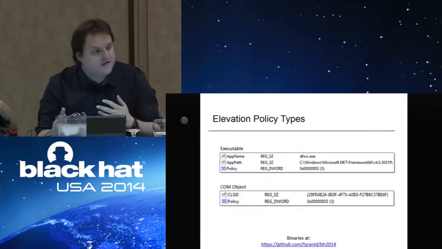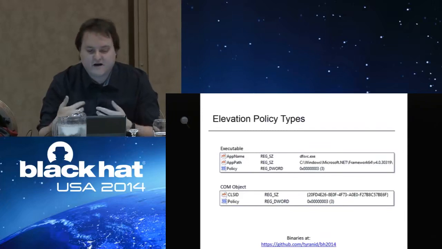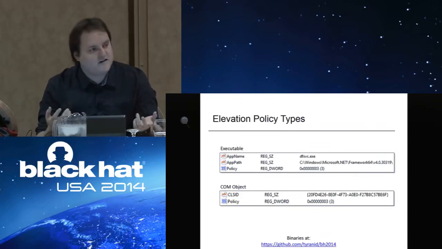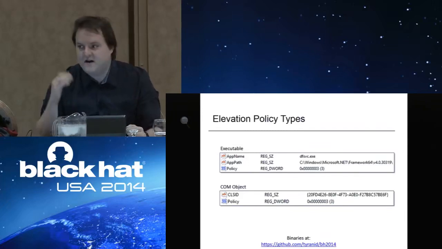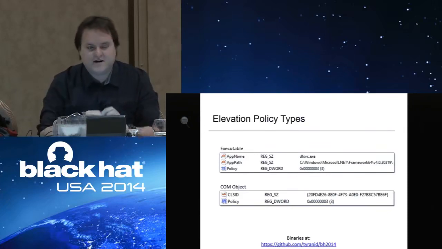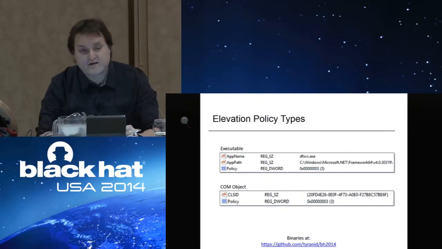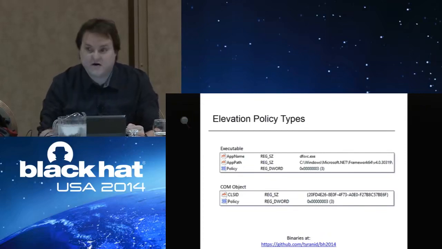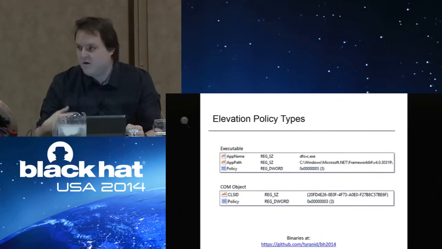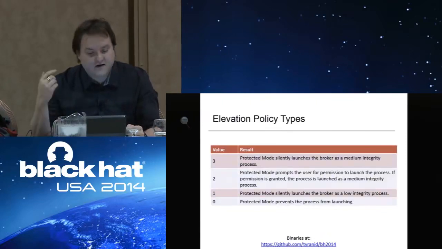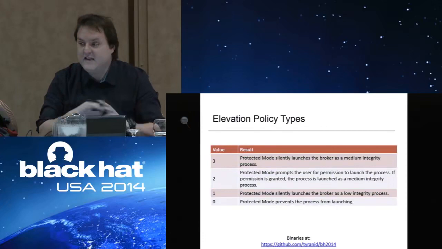Now, there's a few different policies to support different scenarios. The ones you're probably most interested in are the ones which basically say, run this executable completely silently with arbitrary command line, do whatever you want. And those are the ones you really want to look for when you're going after finding bugs in the elevation policy. But there's other ones. There's one which explicitly states, this process is never allowed to launch.